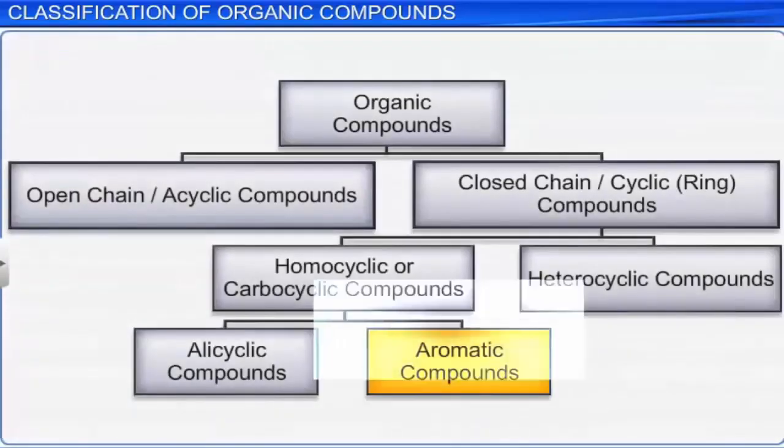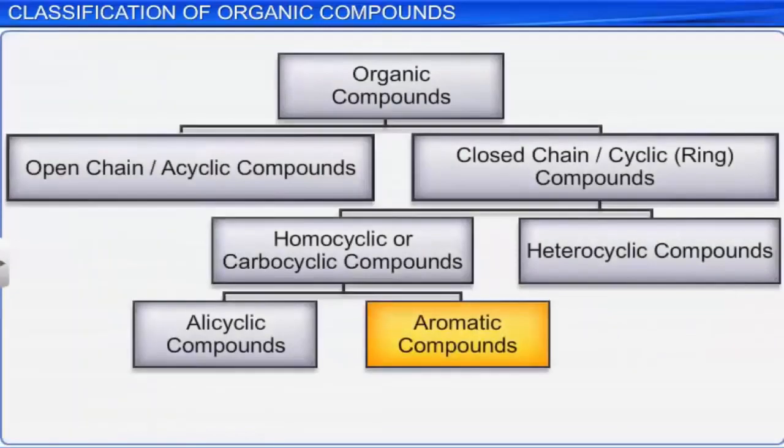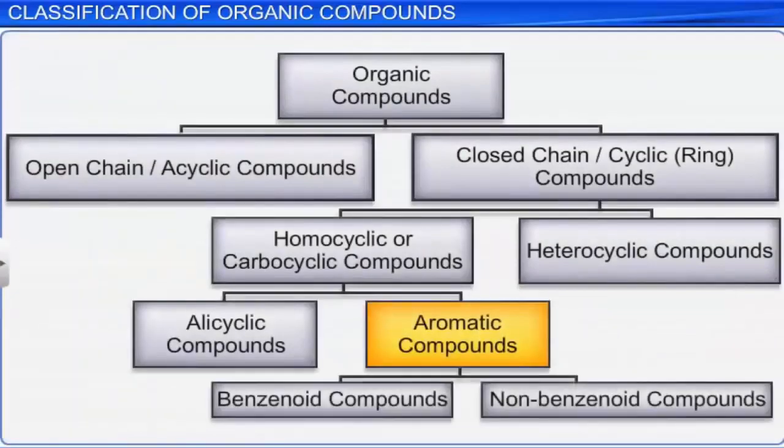Aromatic compounds are benzene and the compounds that resemble benzene in their behavior. Aromatic compounds can be further classified as benzenoid compounds and non-benzenoid compounds on the basis of the presence or absence of a benzene ring.